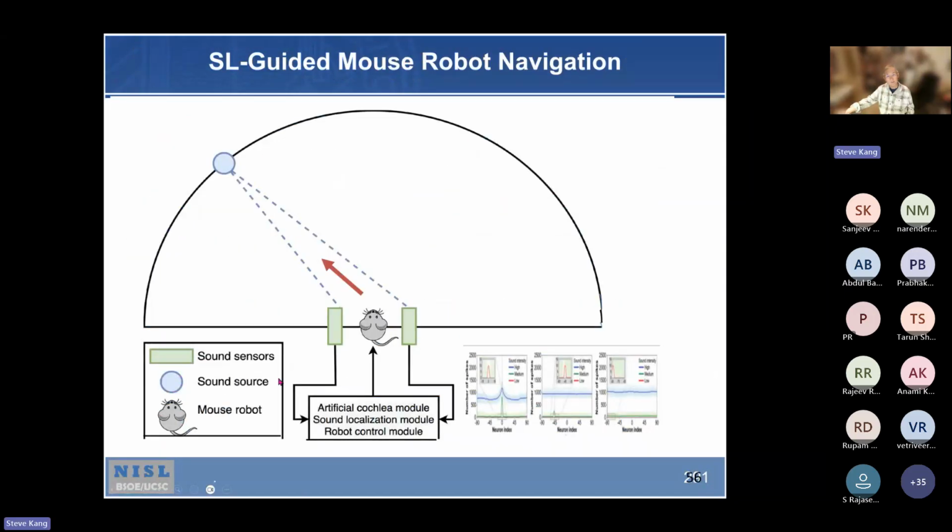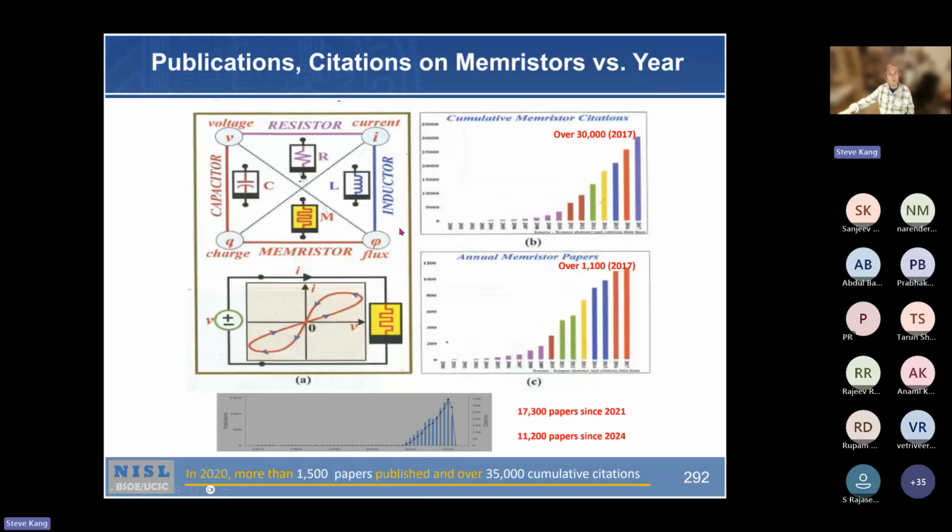So once you do that, you can implement that hardware into a mouse robot, and this mouse can trace where the sound is. If you move this sound source, the mouse will follow it. So this shows the publication citations on memristors per year.